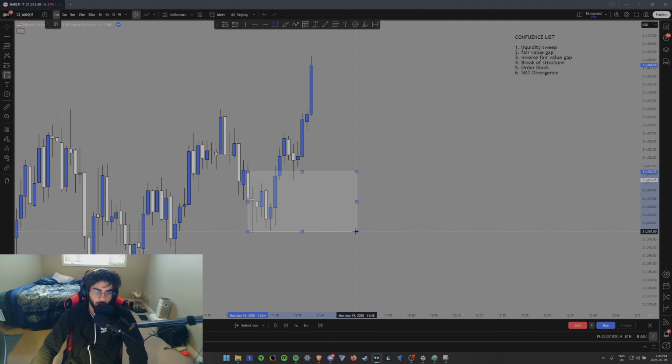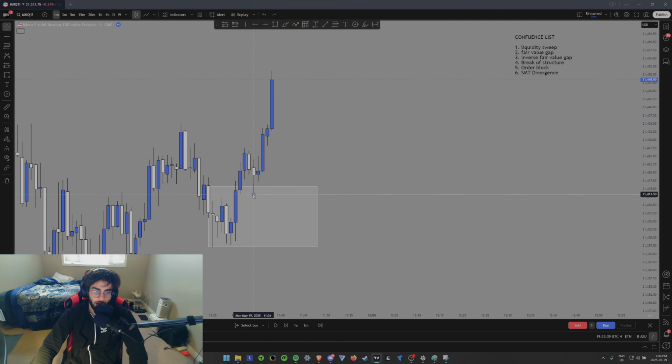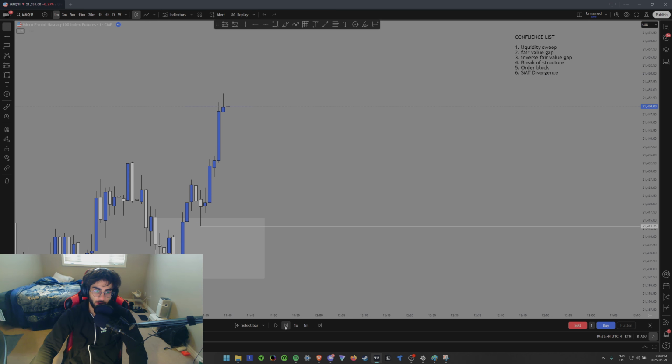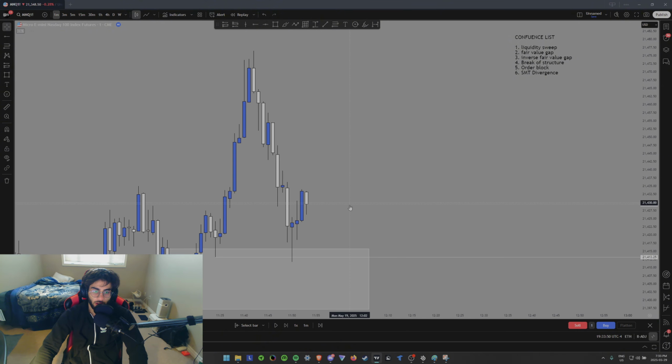So you mark it out. It got tested a little bit here, but we do have some resting liquidity right there. Price comes back down, taps into the order block again, and takes out this liquidity. What do we have next? A structure break. Now we're in an uptrend, right here.